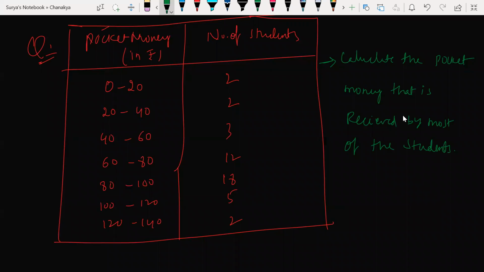Tell me the answer. Which is the most repeated value? 2, correct?